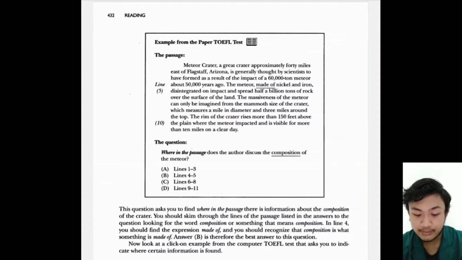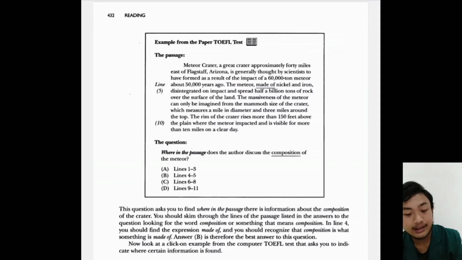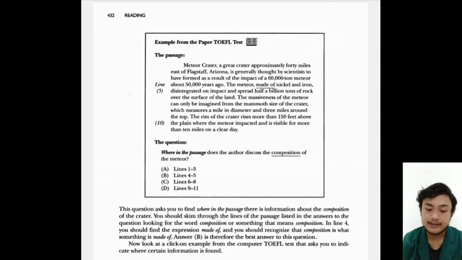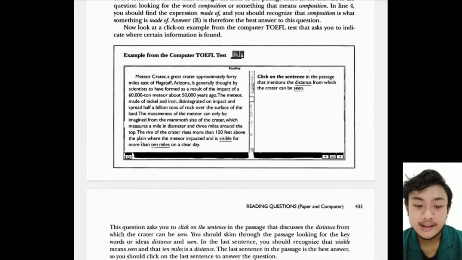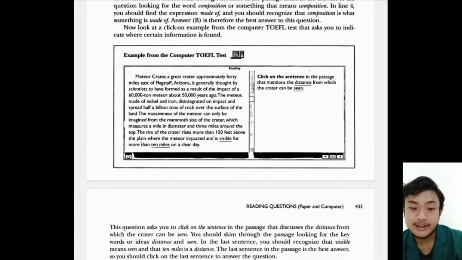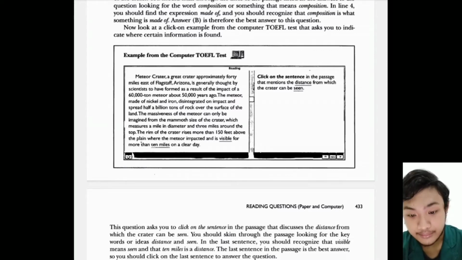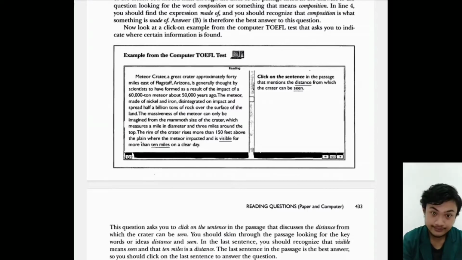Look at an example from the computer TOEFL test that asks you to indicate where certain information is found. Example from the computer TOEFL test: Meteor Crater, a great crater approximately 40 miles, and so on. The question: click on the sentence in the passage that mentions the distance from which the crater can be seen.